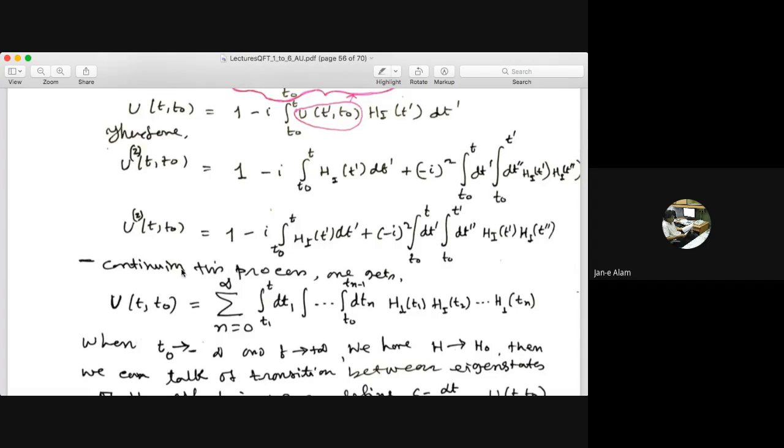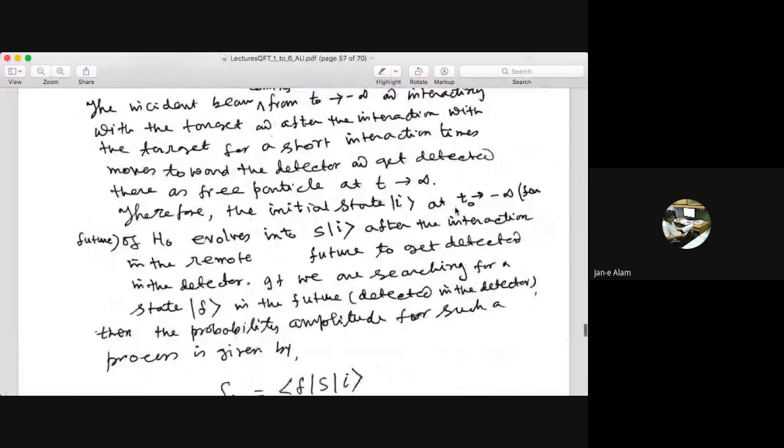But if I want to take the limit t naught tending to minus infinity, when the particle was free at the accelerating source, and t to plus infinity, when the particle is detected as a free particle in the detector, then the t and t prime limits should be the same. And to make that limit the same, I have shown you how to do this integration in detail through this diagram.